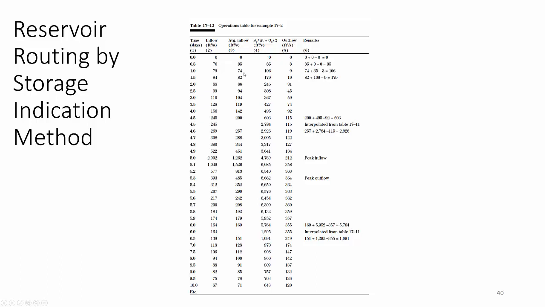Here we have 74 plus 35 minus 3 equals 106. And so here we have 82 plus 106 minus 9 gives us 179, and so forth.